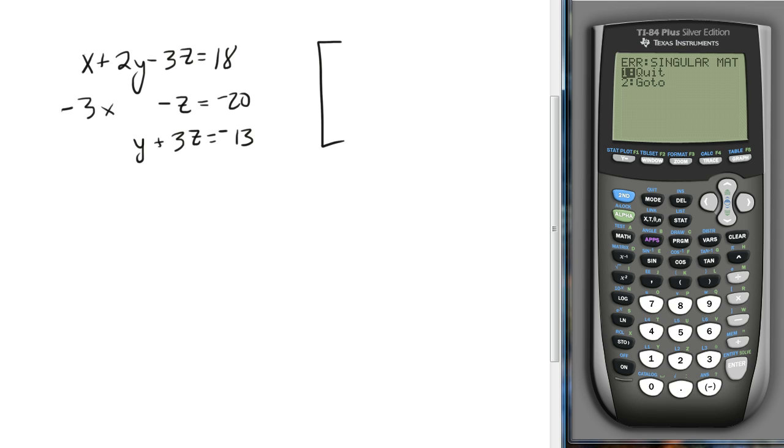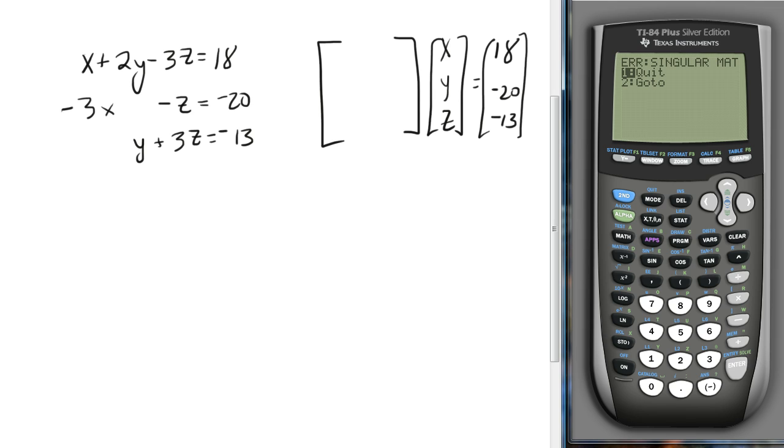And we said it would look like this. So we got to set this back up: 1, 2, -3, -3, 0, -1, 0, 1, 3.